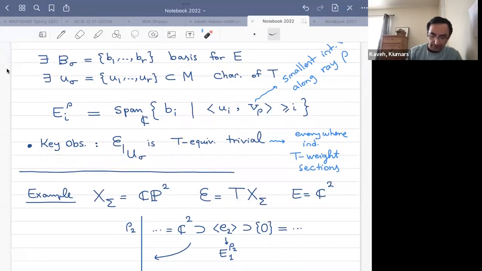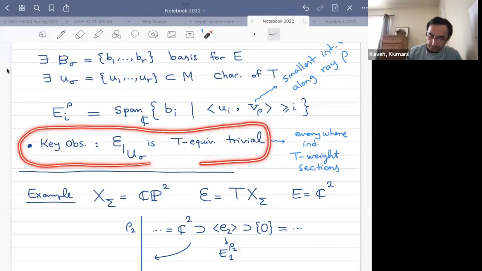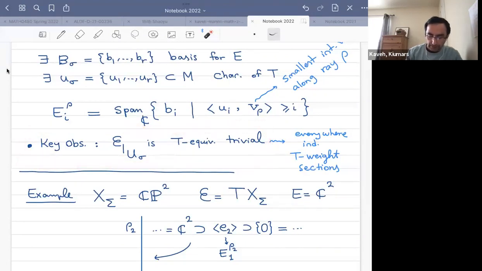And then this whole thing comes from this key observation, which is not difficult to prove, that a toric vector bundle restricted to each affine chart is a trivial bundle, but also the T action on that is T equivariantly trivial, meaning that it's isomorphic to a trivial vector bundle on this chart, and the action of the torus on this comes from one homomorphism.